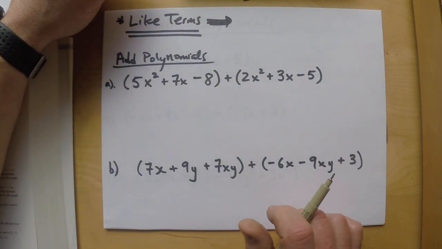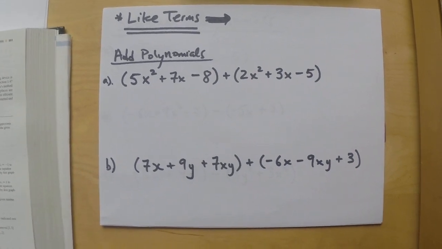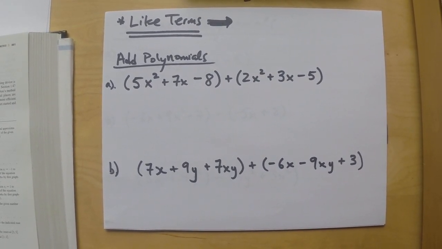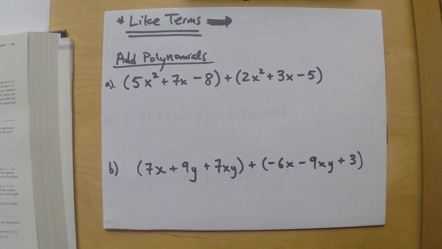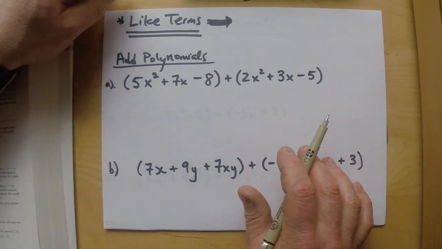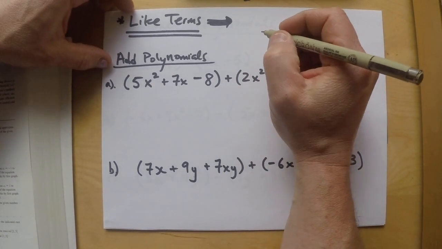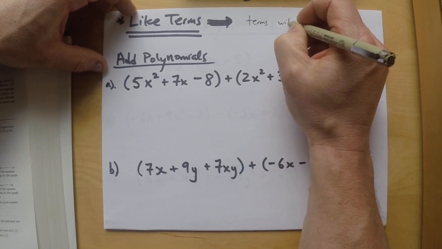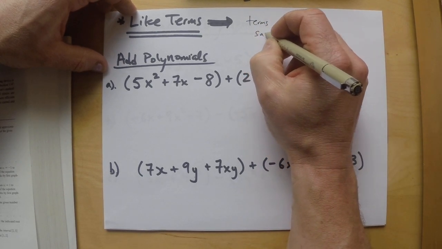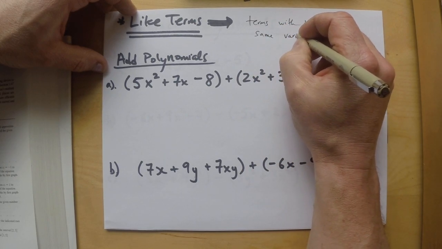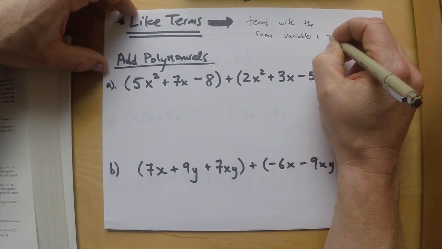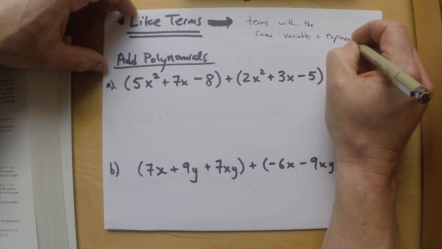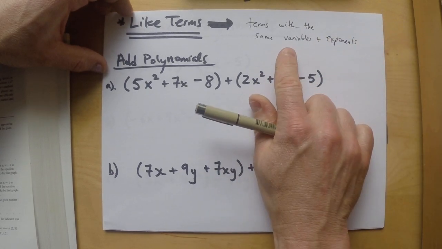So adding like terms. Remember, like terms are terms with the same variables and exponents. That's just a reminder of what that is.